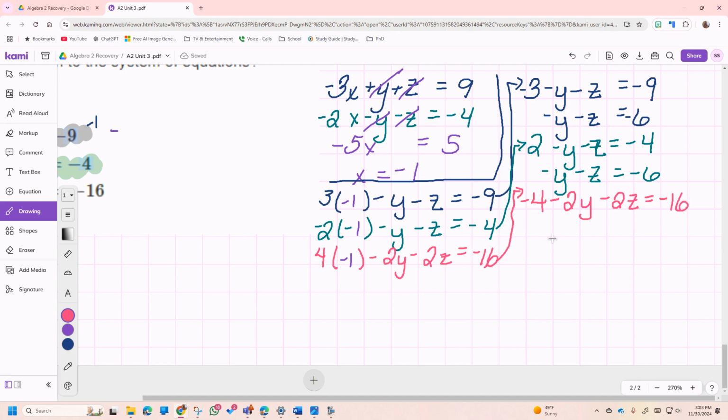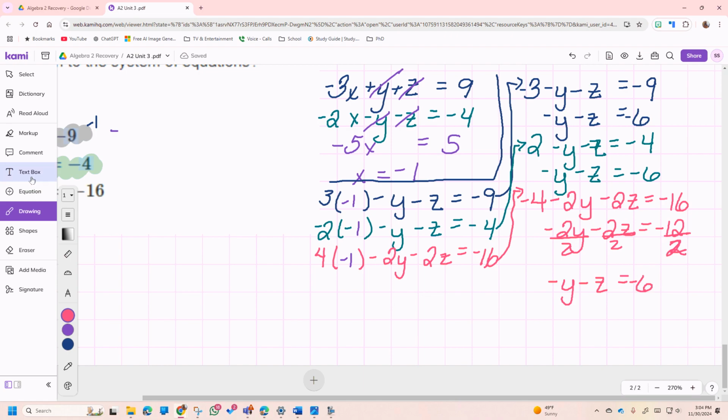It's -16 minus 2y minus 2z equals -12, and if I divide all of this by 2, I end up with the same -y minus z equals -6.